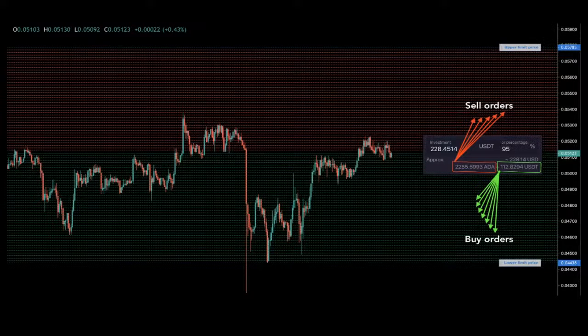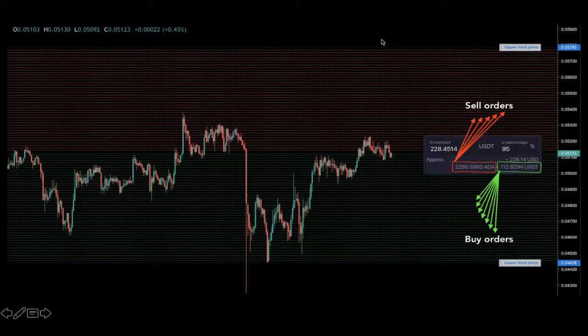So this mechanism is called grid trading. That basically is a trading range which is defined by the upper and lower limit prices, which you set accordingly, or by using automatic Bitsgap recommendations, and I will show you this in 5 minutes.